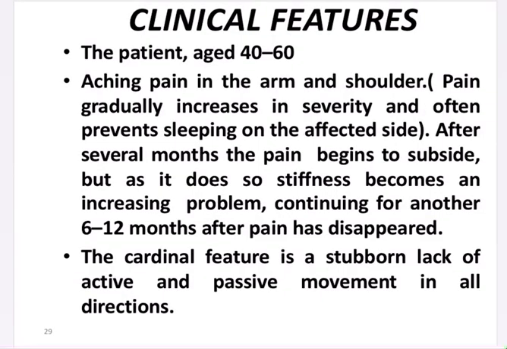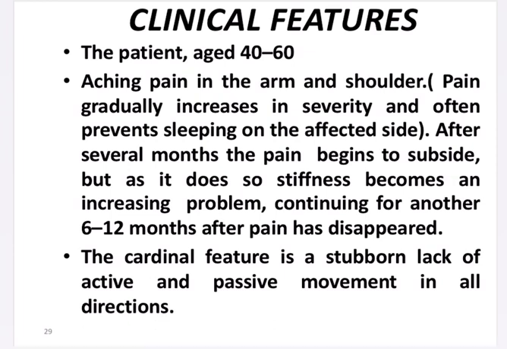Clinical picture of frozen shoulder. The patient is usually between 40 and 60 years old. There will be aching pain in the arm and the shoulder. Pain gradually increases in severity and often prevents sleeping on the affected side.